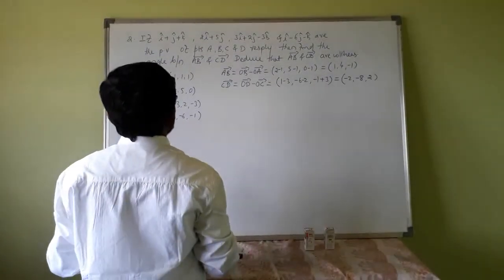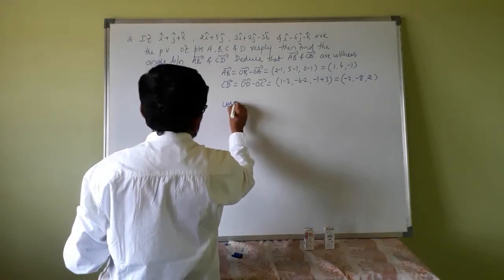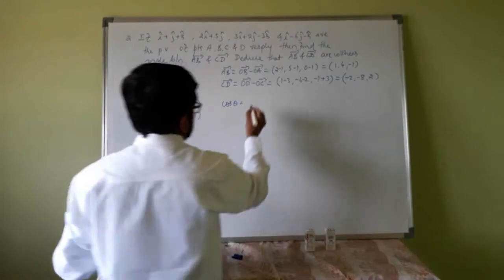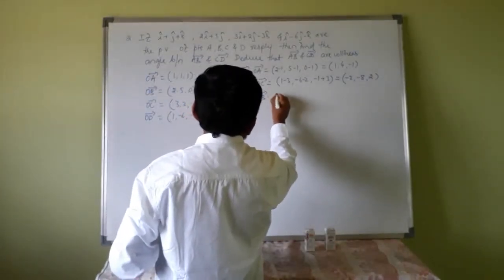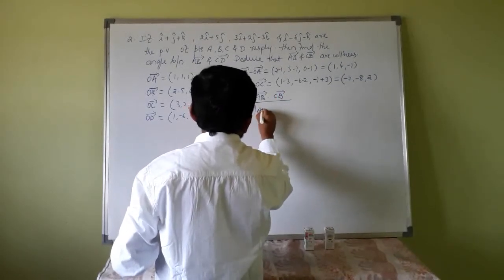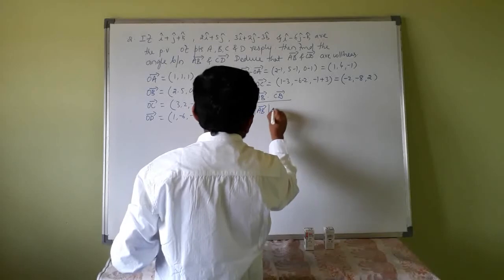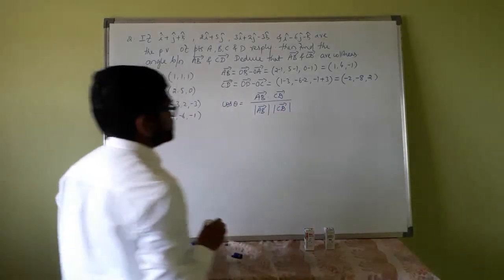Now we have to find the angle. Cos theta is equal to AB dot CD divided by magnitude of AB and CD, isn't it?